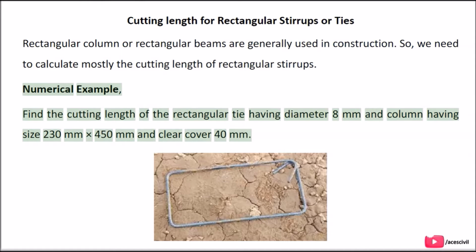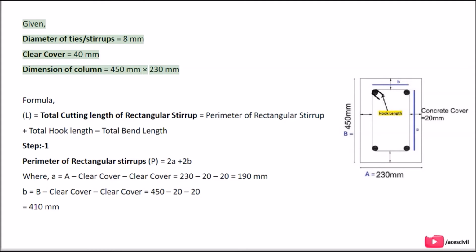Numerical example: find the cutting length of the rectangular tie having diameter 8 mm and column having size 230 mm times 450 mm and clear cover 40 mm. Given: diameter of ties or stirrups equals 8 mm, clear cover equals 40 mm, dimension of column equals 450 mm times 230 mm.